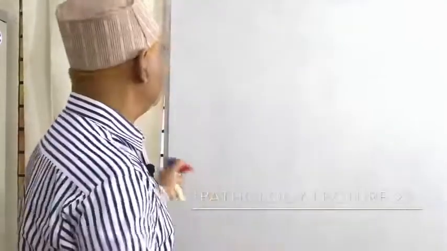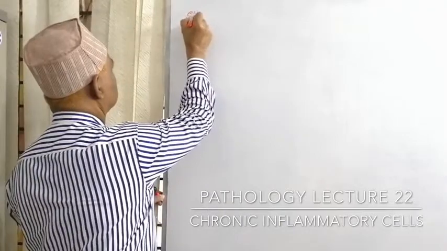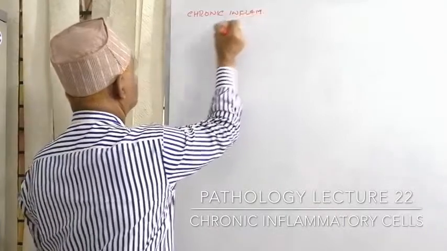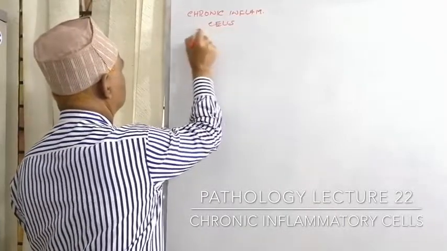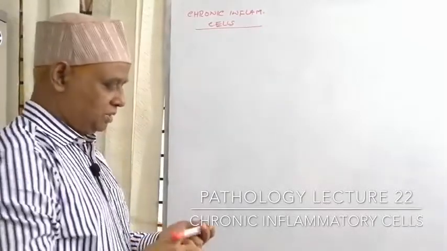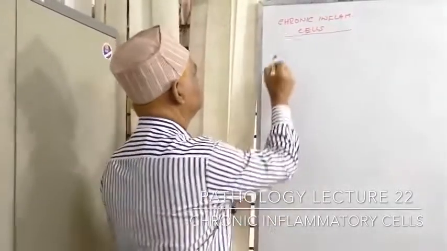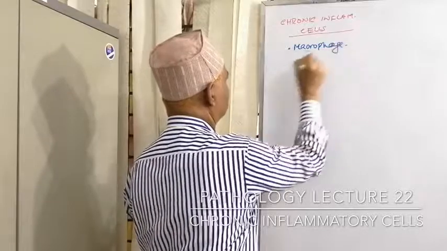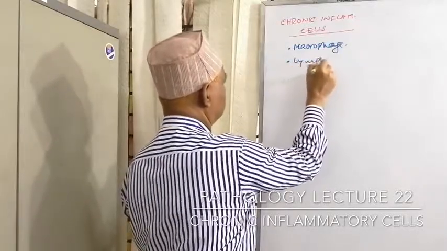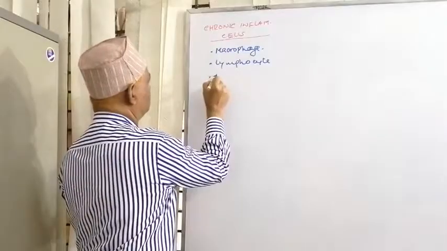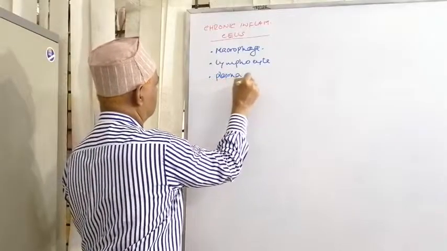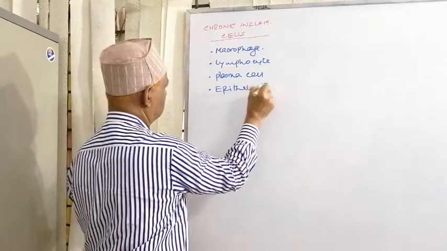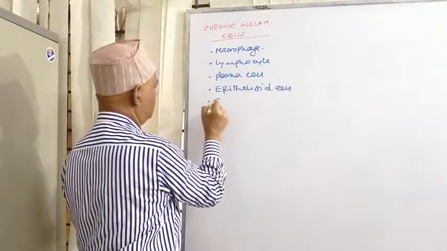Now come to chronic inflammatory cells. The names of chronic inflammatory cells: macrophage, lymphocyte, plasma cell, epithelioid cell, giant cell.